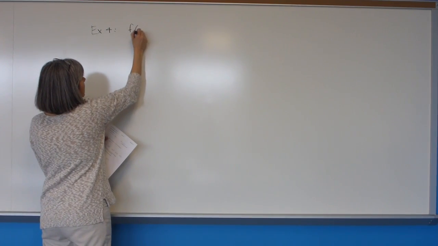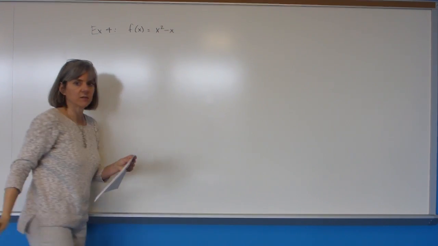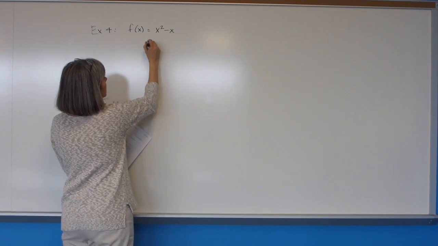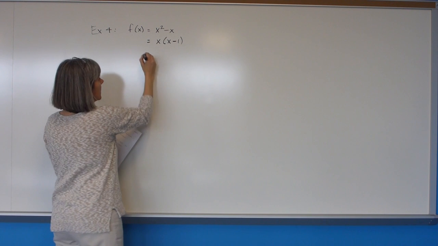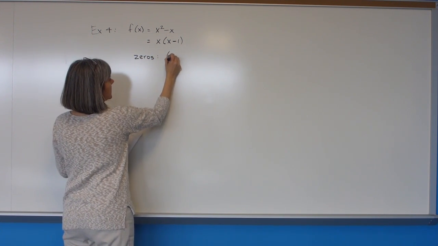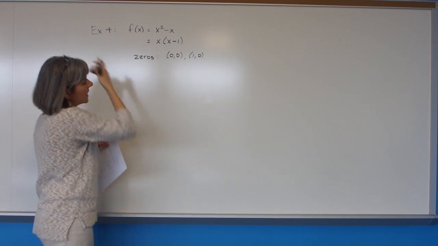So let's start with f of x equals x squared minus x. What does that look like? Well, it's a quadratic. We know that much. I can factor it. So I know the zeros are at x equals 0 and x equals 1.